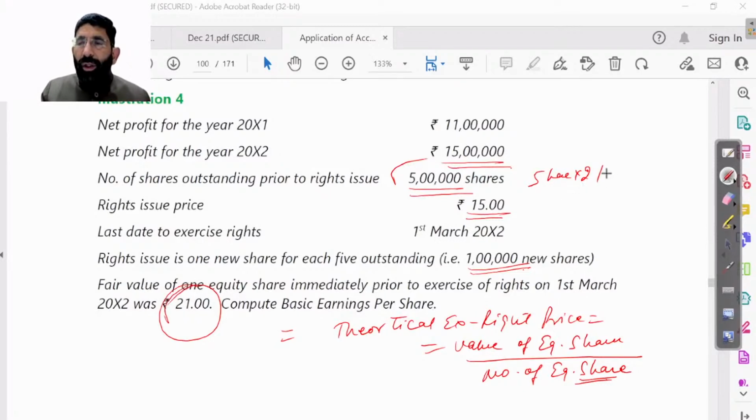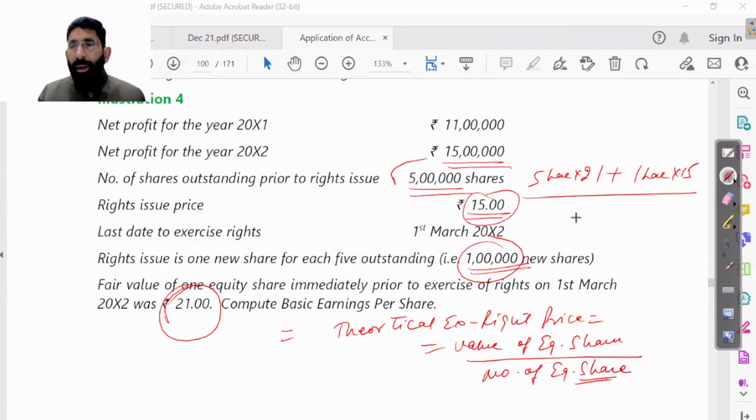So 5 lakh into 21 plus we have issued 1 lakh shares for rupees 15, 1 lakh into 15, divided by the number of equity shares. Now how many shares will be there? 5 lakh plus 1 lakh, 6 lakh. So this will be the X right price, that is 20.